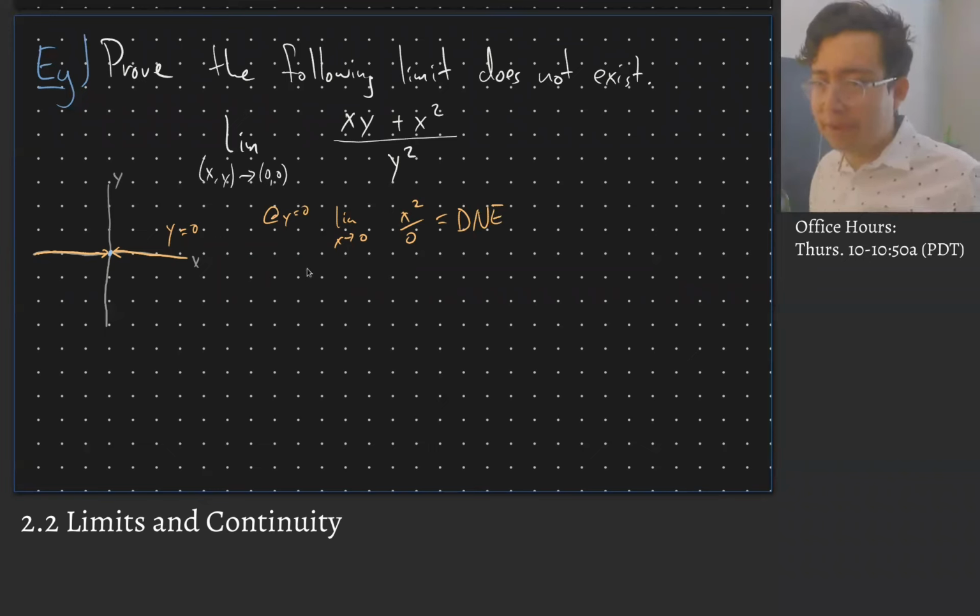Okay. Well, if it doesn't exist from one direction, maybe you could say that means that this whole limit doesn't exist, right? But we can also approach from other angles.